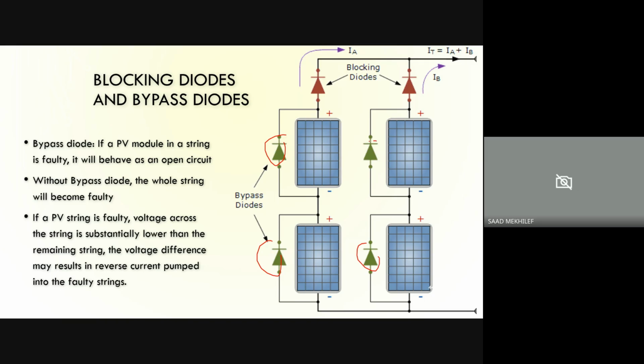If a PV module in a string is faulty, it will behave like an open circuit, so the bypass diode passes the current around this module. Because if we don't have this, what happens? The whole string will be blocked because they are connected in series. Then there is the blocking diode, which blocks the current going back to the panels for protection.